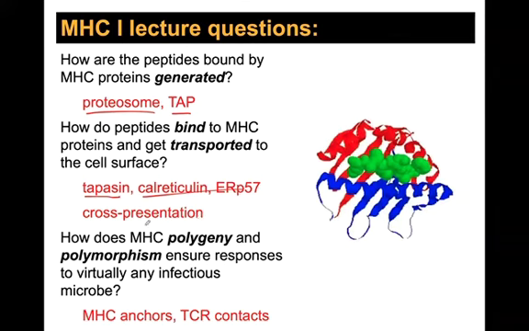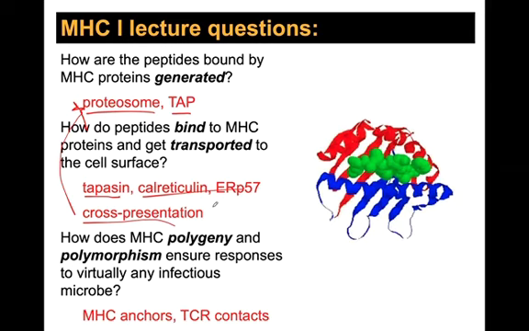You should also know, if it's exogenous antigen, how is that brought into the cytoplasm and then fed through this pathway back to the proteasome and re-transported by TAP. This is the Sec61 pathway. And then I'll probably ask you something about how polymorphism contributes to binding different MHC peptides.